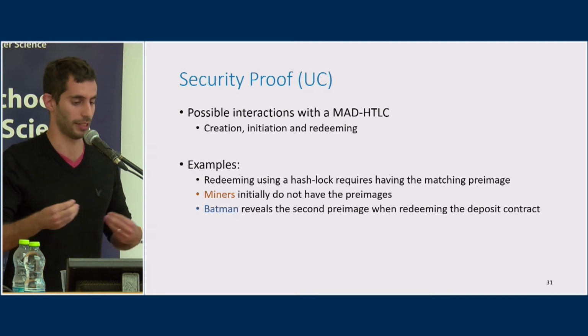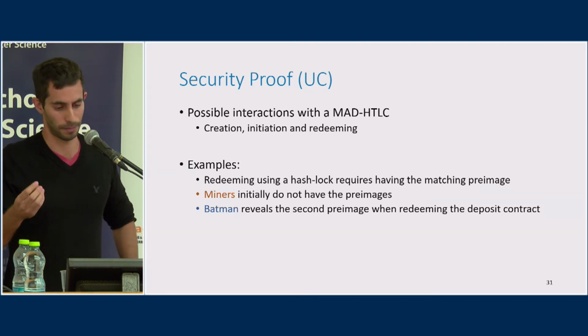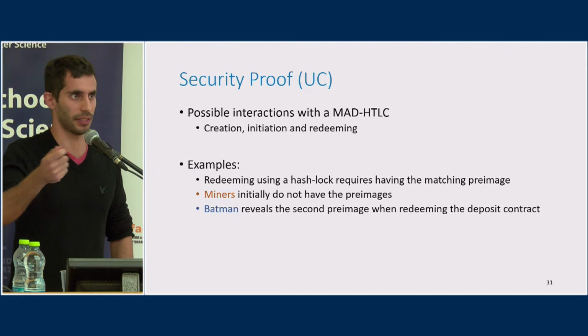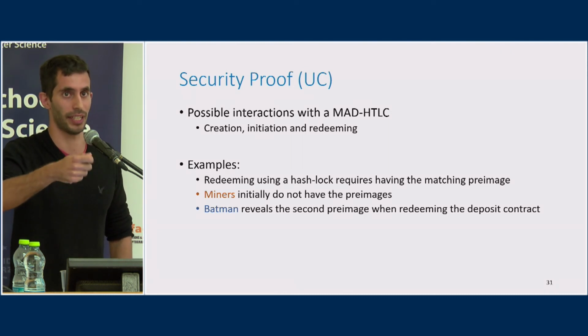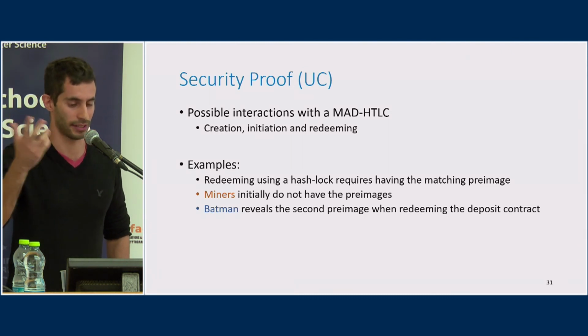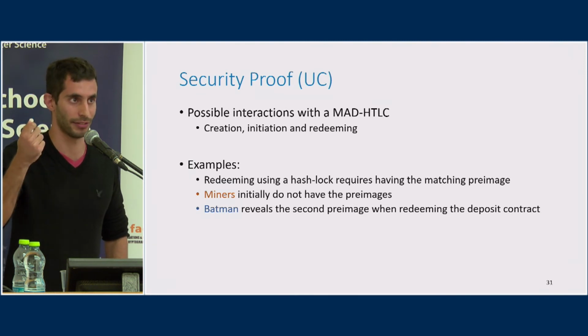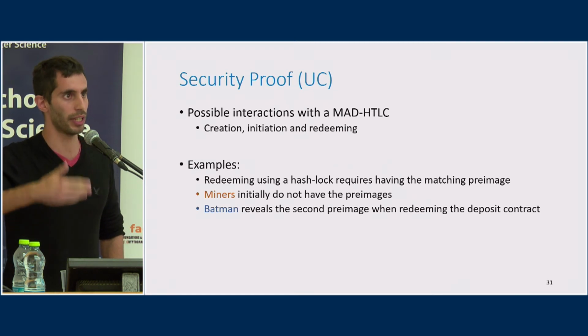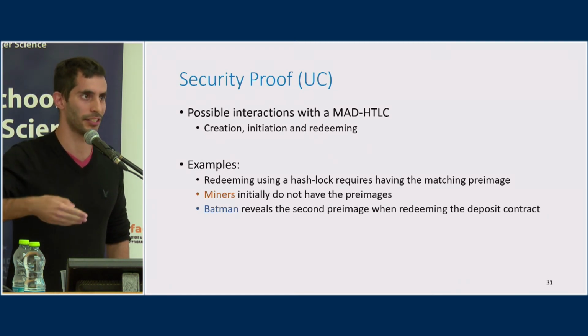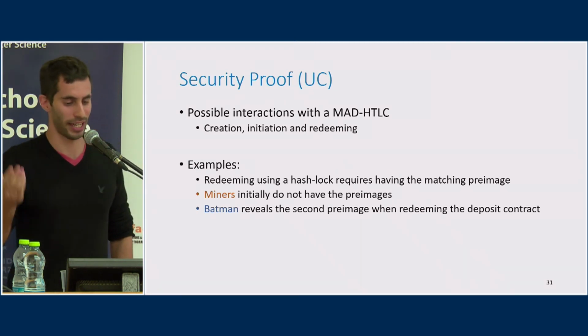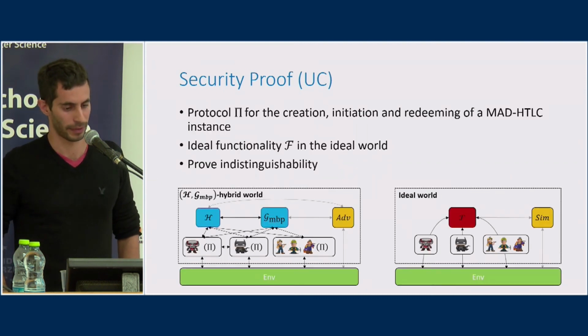For example, we want parties to be able to redeem the hash lock only if they have the preimage, right? Makes sense. Or that miners initially do not have both preimages, because then they can just take the money themselves. So we have this list of desired ways the parties can interact with the contract.